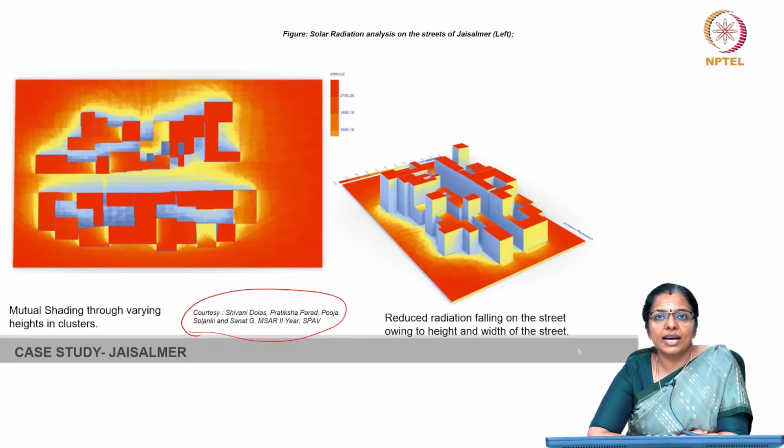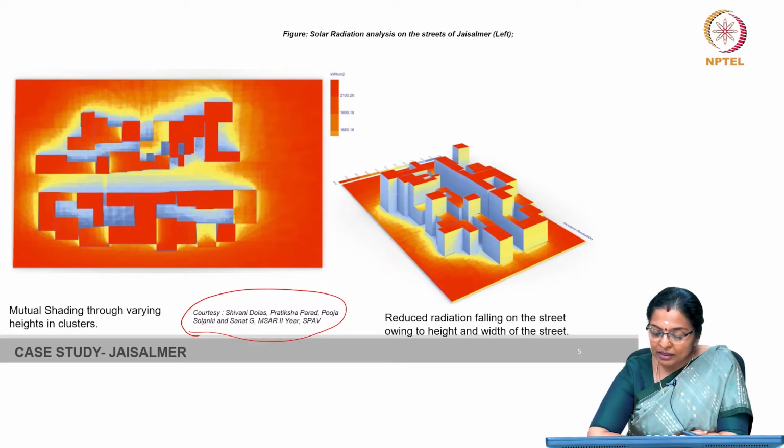This social dynamic is enhanced by extending the thresholds of the houses, which, along with the height and width of the streets, reduce solar radiation on the ground. Additionally, mutual shading occurs due to varying heights in clusters of buildings, and it contributes to the overall pleasant and social atmosphere.